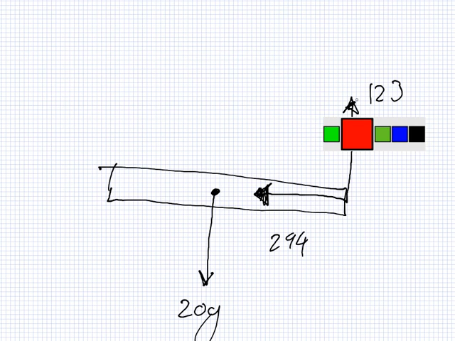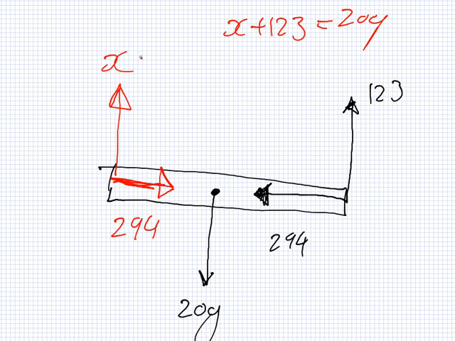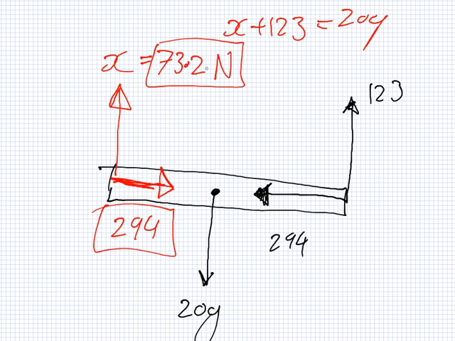So let's calculate the reaction here. How much must this be? 294. And this one, let me call it x. You know that x plus 123 must equal 20G. So this must be 73.2 newtons. So I can get my answer. If I use Pythagoras, I can get the reaction here.